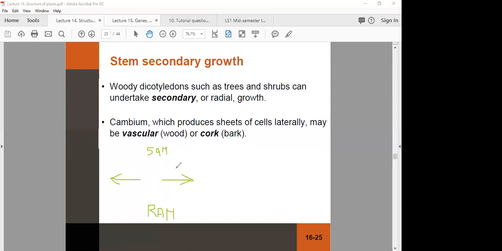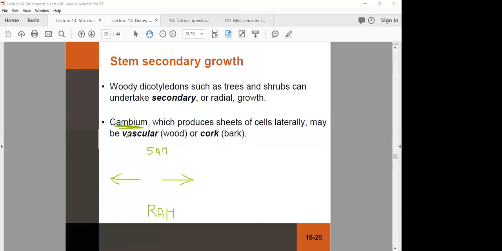And this secondary growth takes place as a result of two different types of meristems, which are referred to as cambium. Just to confuse us, instead of calling them meristems, they're referred to as cambium. These cambiums or meristems produce sheets of cells laterally.